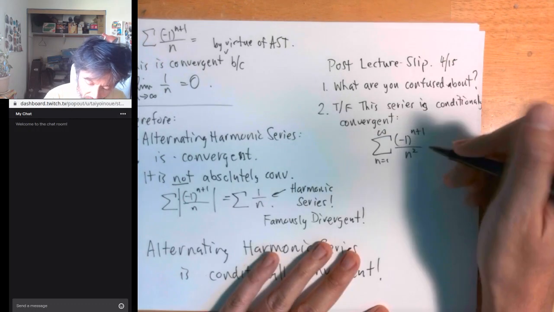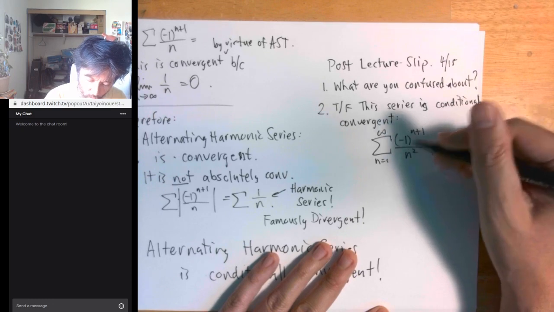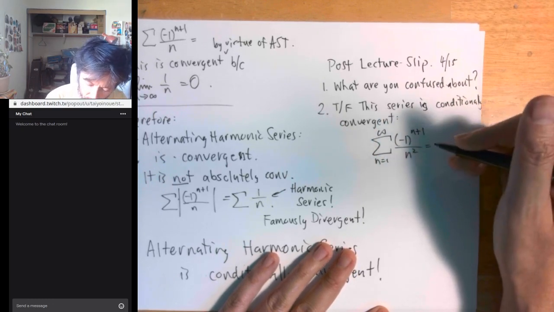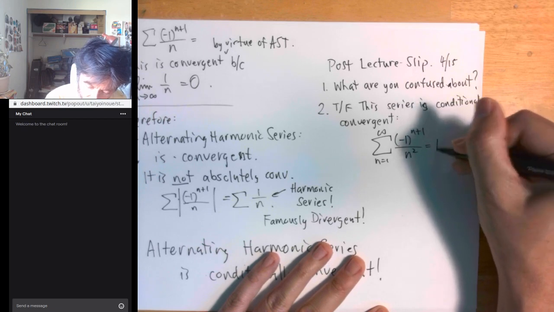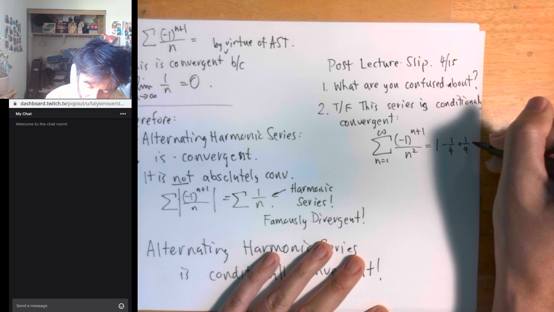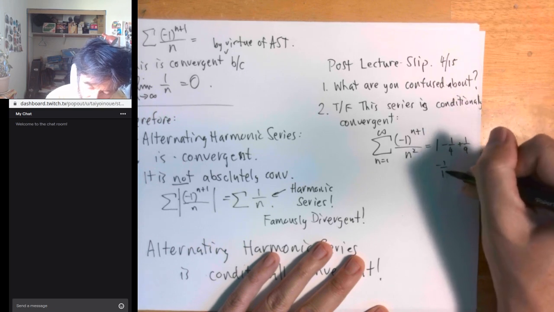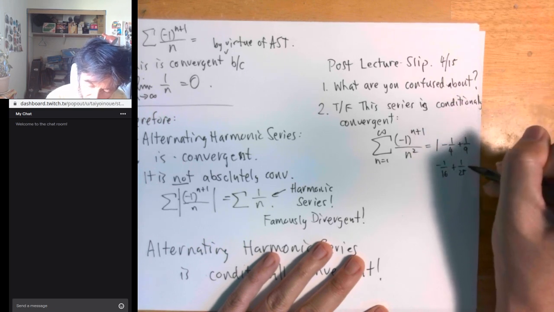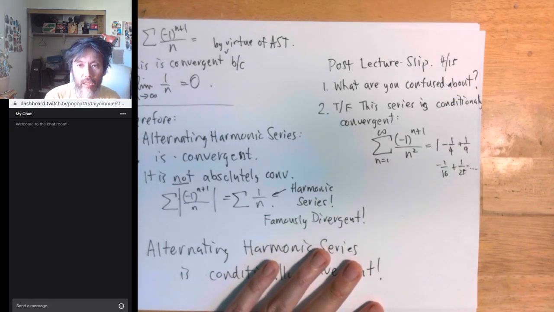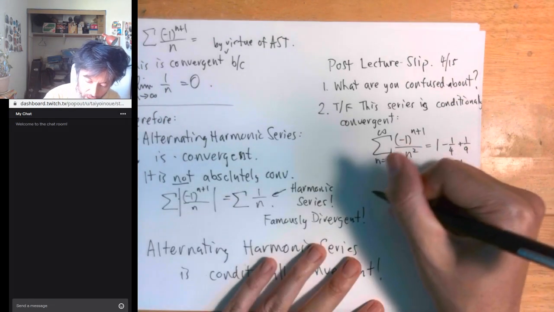I believe the terms of the sequence are 1 minus 1/4 plus 1/9 minus 1/16 plus 1/25, etc. And my question to you is, is this thing conditionally convergent? And I want you to justify it.